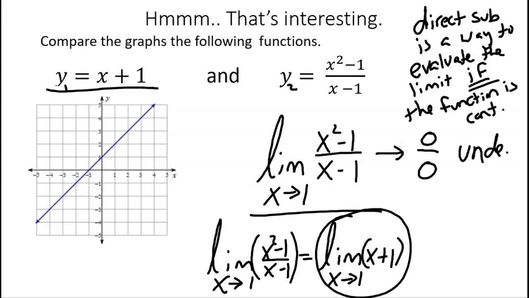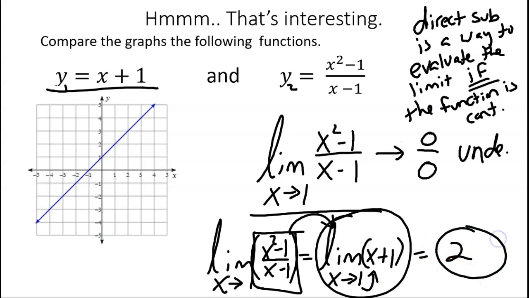So if somehow we could change this equation here into this equation, then we can use direct substitution to get the answer. And that's what a removable discontinuity is, you guys. A removable discontinuity is where you have a function that has a discontinuity. So you can't do direct substitution because you'll just get undefined.